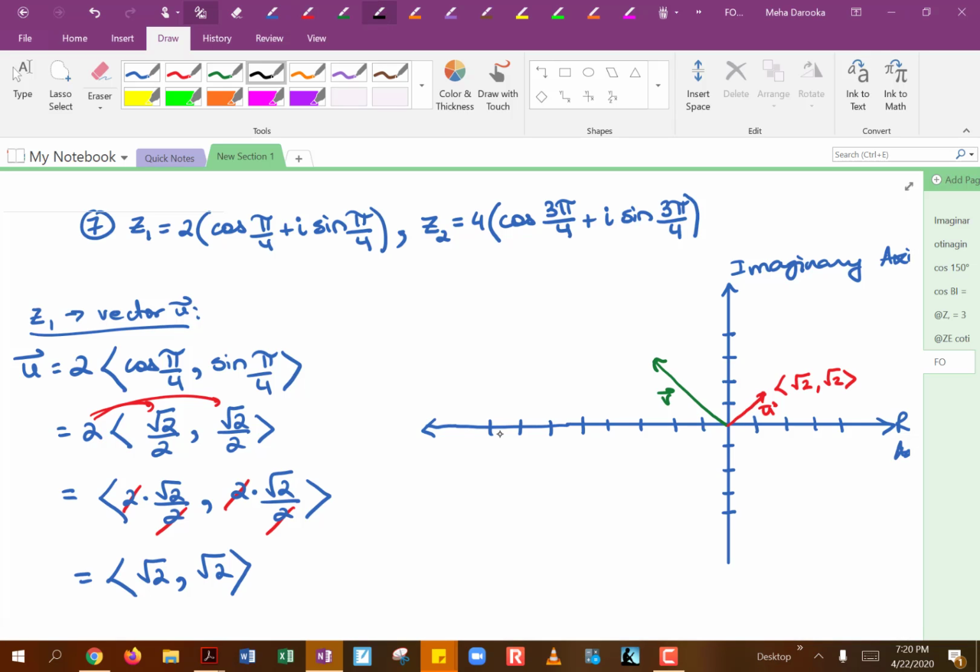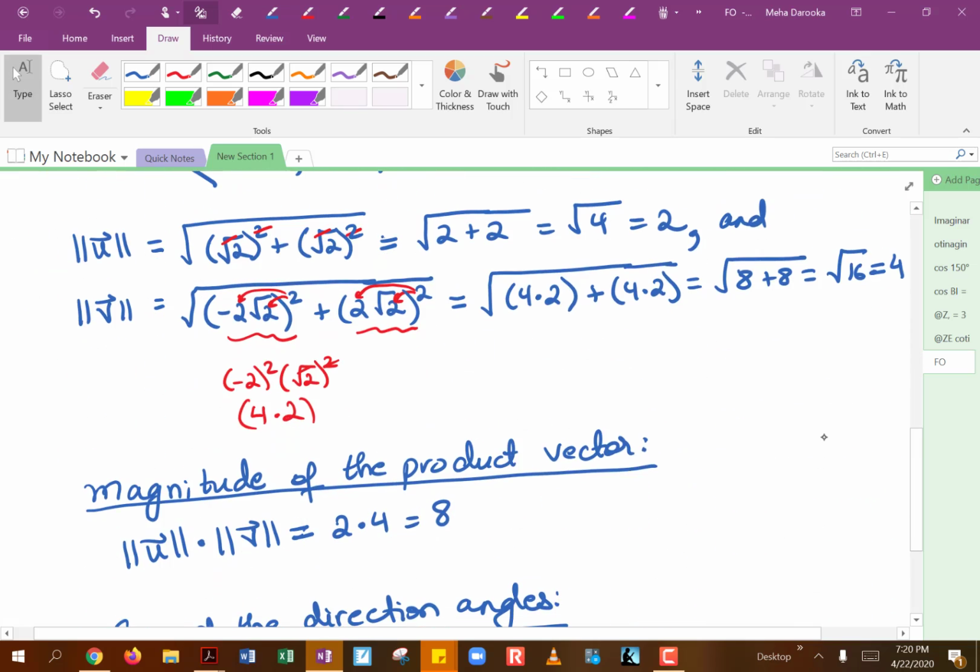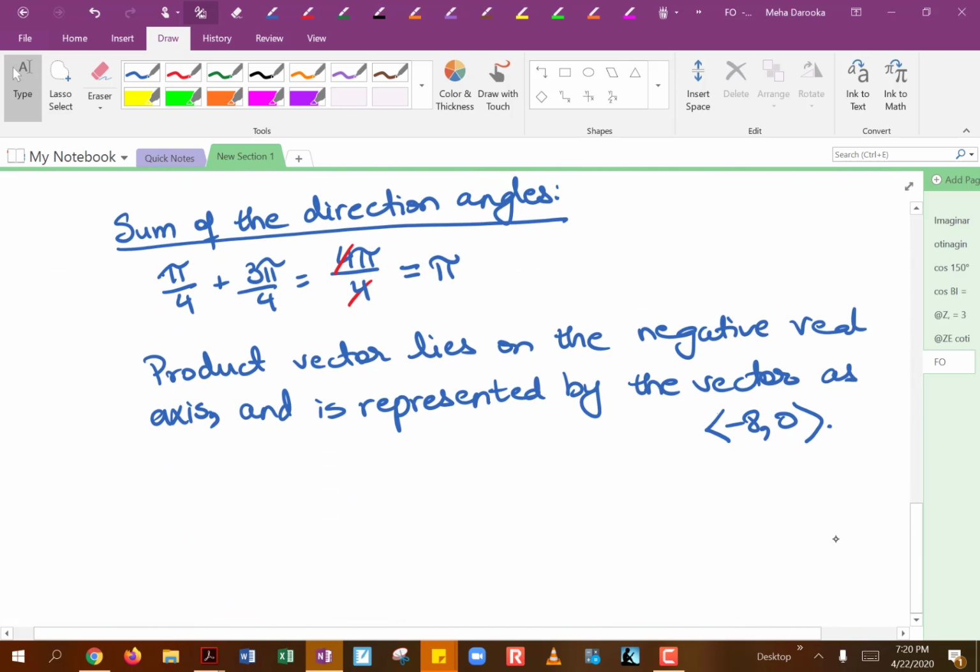So our product vector is going to be lying on this side, and we know it's got a magnitude of 8. Since it's on this axis, it's got to be negative 8, and that means our imaginary coordinate has to be 0. So this is going to be a vector of negative 8, 0.